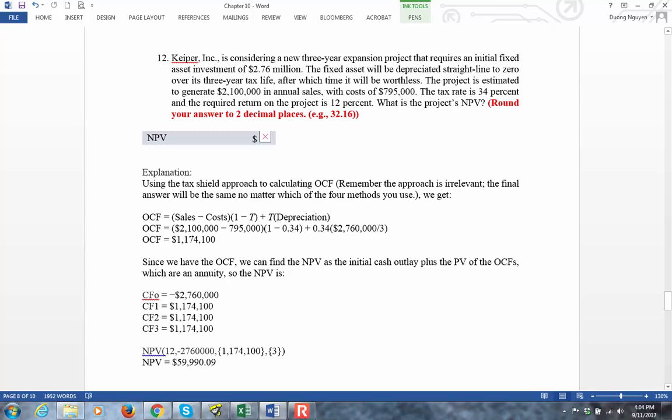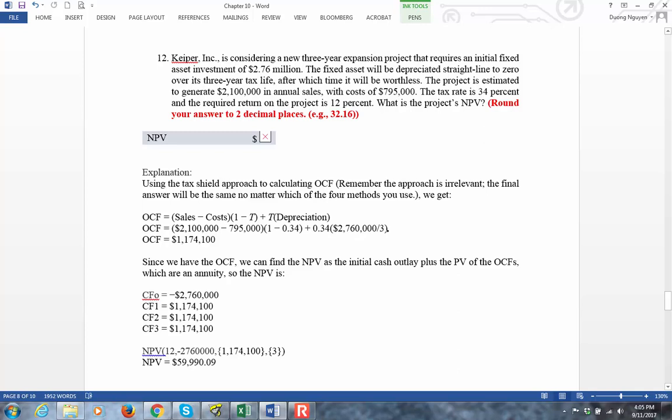The sales is $2,100,000 minus cost, which is $795,000, times (1 minus 0.34), plus 0.34 times $2,760,000 over 3.